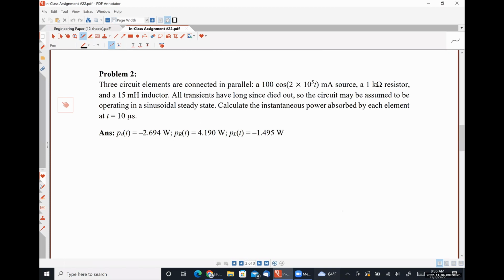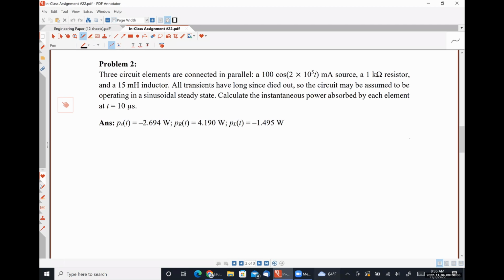So problem 2, we have 3 circuit elements that are connected in parallel. We have a current source, a 1 kilo ohm resistor, and a 15 millihenry inductor. So in the time domain, we are going to have Is of t in parallel with our 1 kilo ohm resistor in parallel with our 15 millihenry inductor.